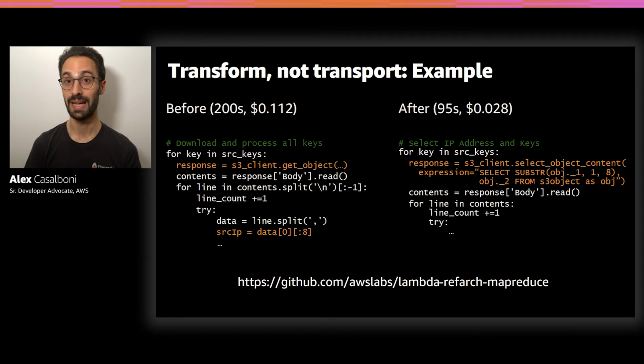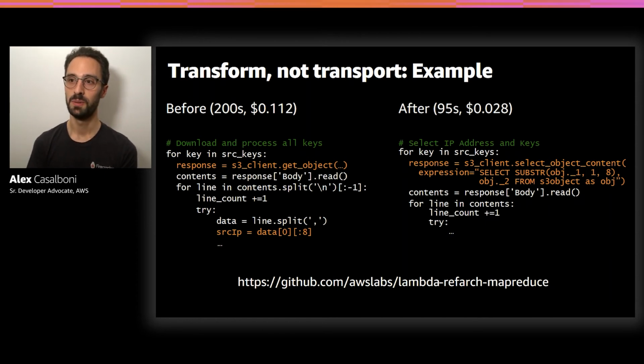So instead of doing that, just by changing that logic and using Amazon S3 Select functionality of S3, that allows you to do, let's say, an SQL query to fetch subsets of an object, the execution time was less than a half, and it was 4 or 5 times cheaper overall. So pretty interesting use case there, where you can delegate the processing or the filtering to the upstream service like S3, or like you would do with a database.